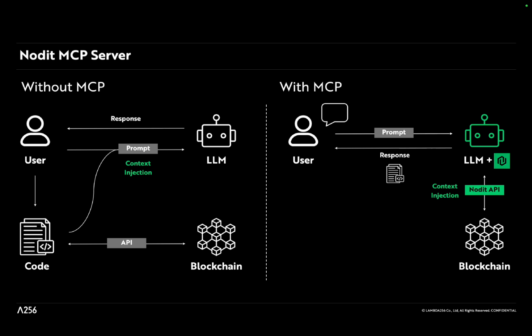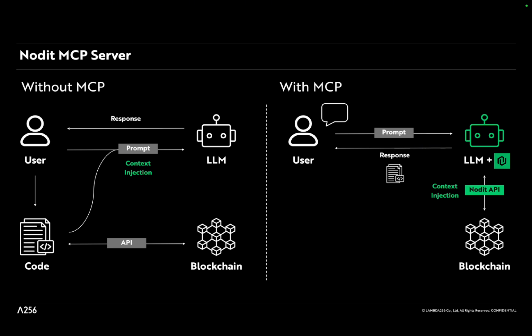To make this even clearer, here's a side-by-side comparison of what happens with and without MCP. On the left, without MCP, the process is manual. The user has to write code, call APIs, collect results, and then inject all of that back into the model's prompt.